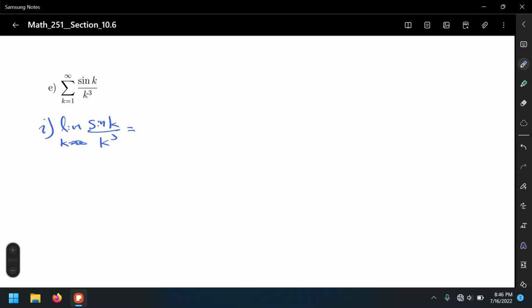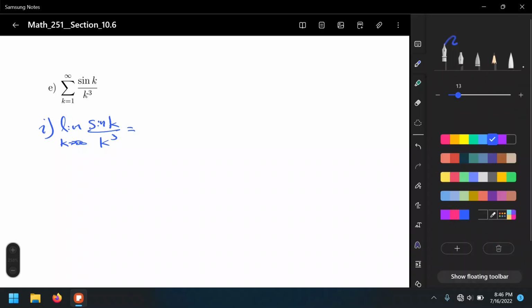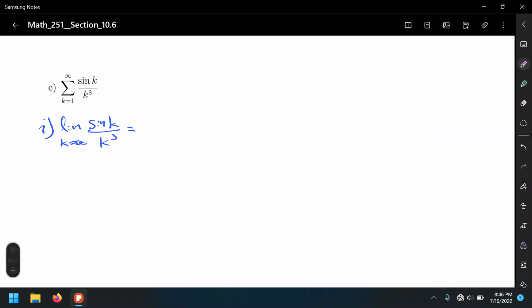Well, notice sine k, it's actually bounded between -1 and 1. So for large values, this function oscillates between -1 and 1.